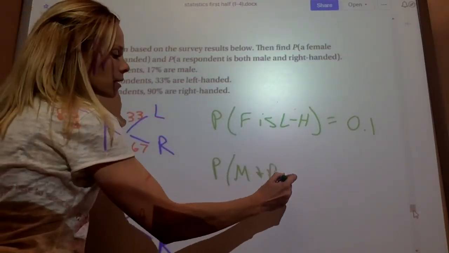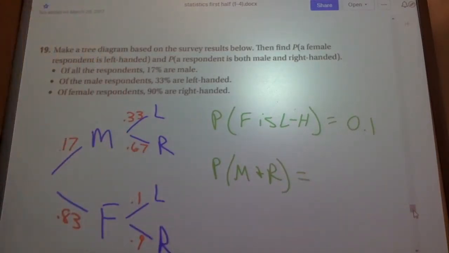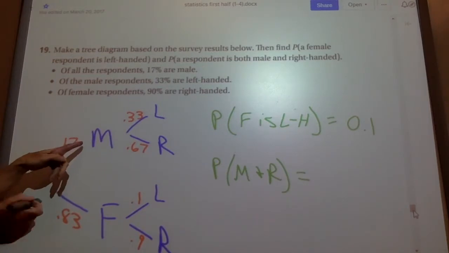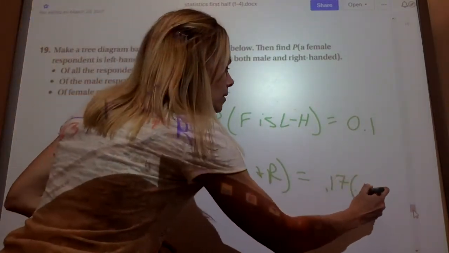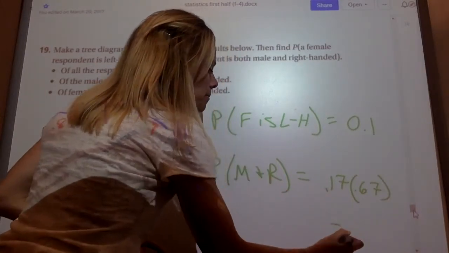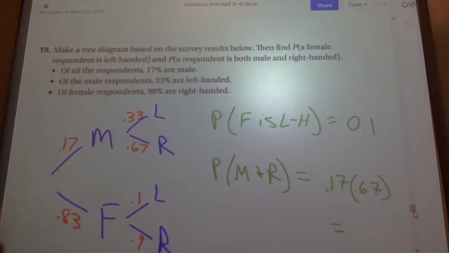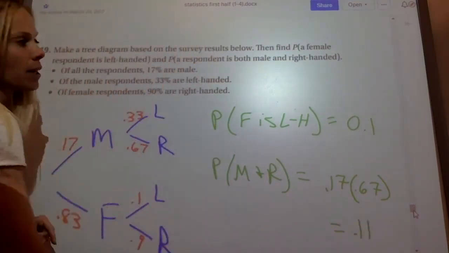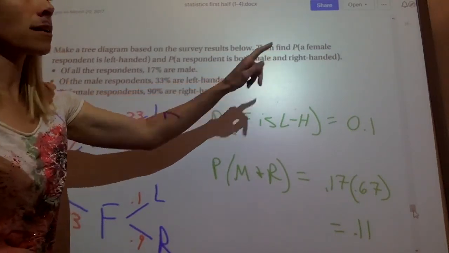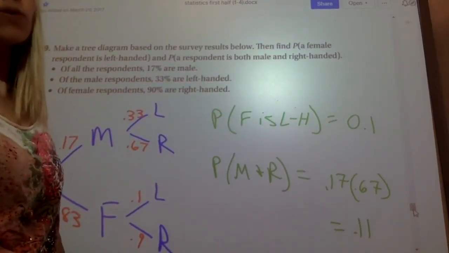And means multiply. So male and right-handed is what? 11%. Good. Because of that, be careful with that and. And means multiply, or means add.